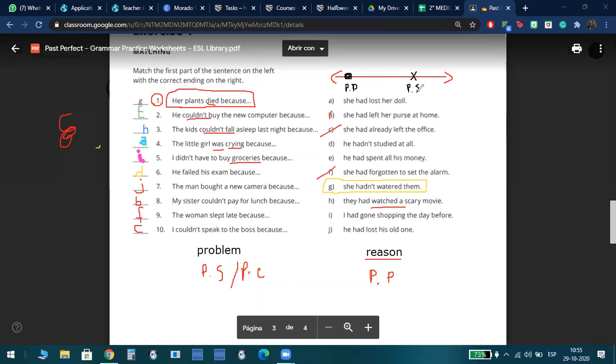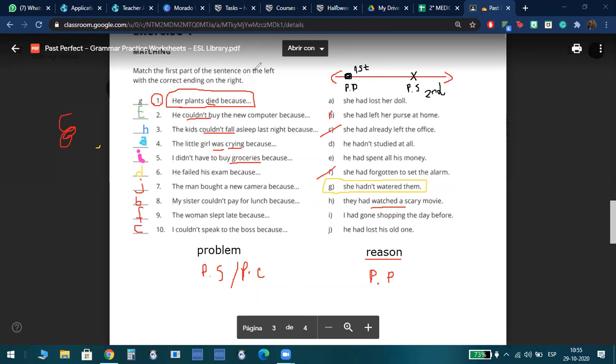So we mentioned last class, and to finish our review, that the PP, or past perfect, is the first event always, and the second event is the past simple. That's how you organize everything. This is key.